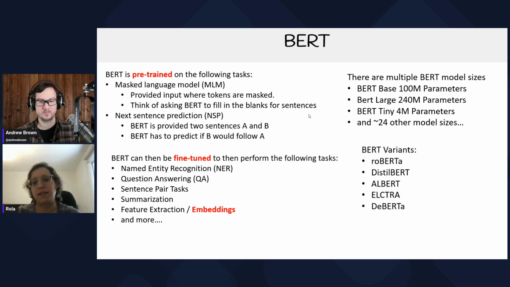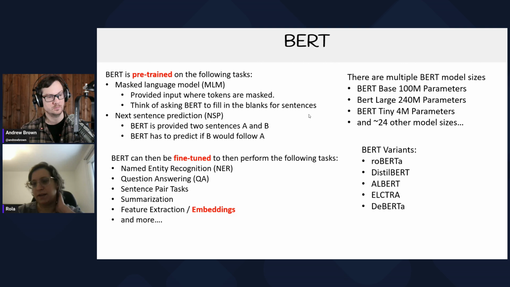But a distilled model, so there's a lot of ways that you can optimize a model. Like you said, some of it is pruning, some of it is these teacher models.